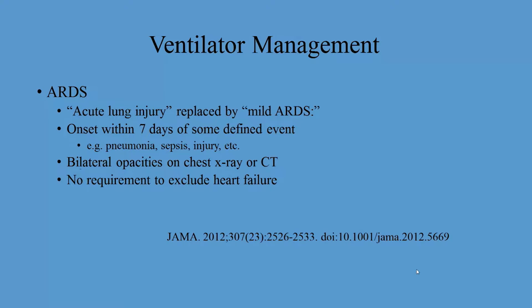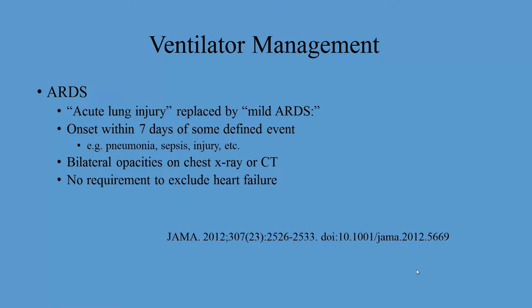The definition of ARDS has evolved over the years. In 2012, the joint session that put together some guidelines on this, called the Berlin criteria, replaced the term acute lung injury and got rid of it, and just said acute lung injury is mild ARDS.